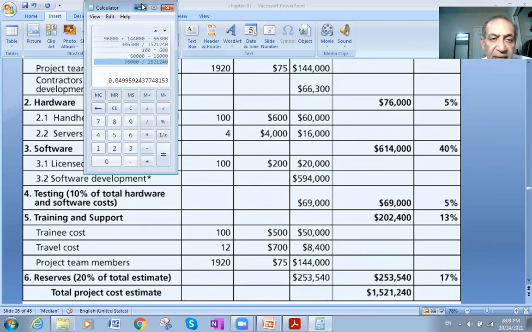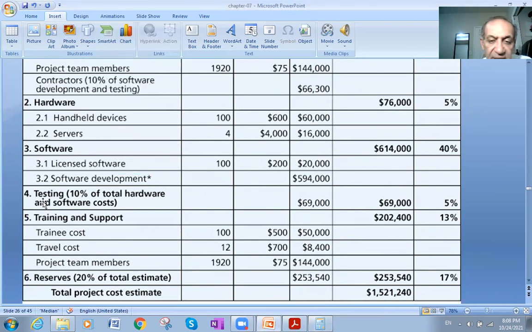Next, the same way for the other expenses, like when we see here licensed software, 100 units, each unit will cost $200, so all will cost $20,000. And the software development will cost $594,000. So when we add them together, 594 plus 20, they give me 614,400.